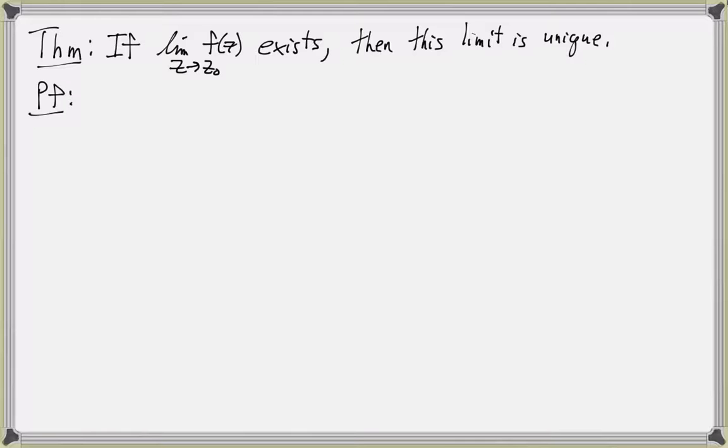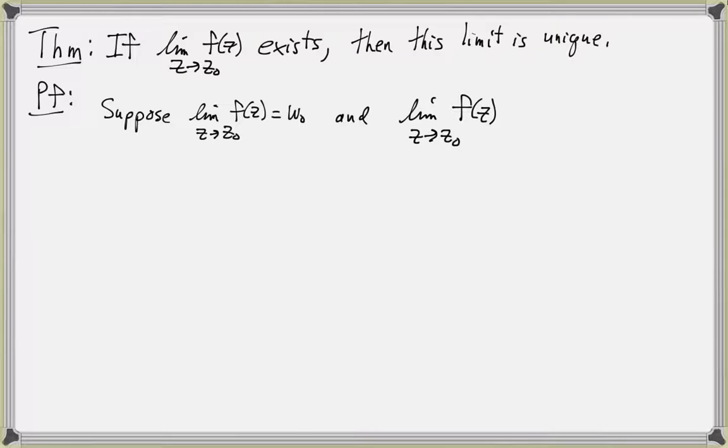So for the proof, let's suppose that the limit exists and equals two different values. So suppose the limit of f of z as z approaches z0 equals w0, and the limit also equals w1. So we're going to show that w0 equals w1.